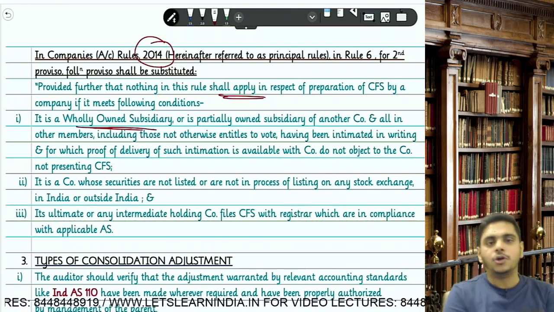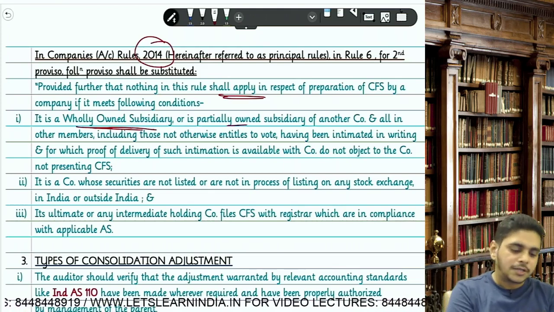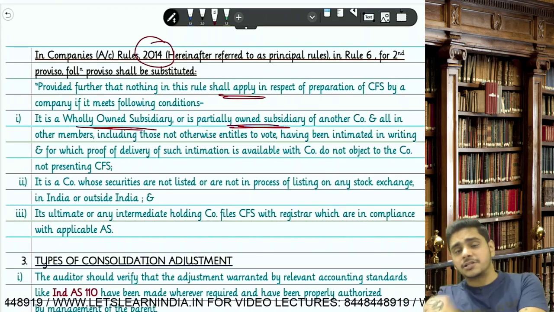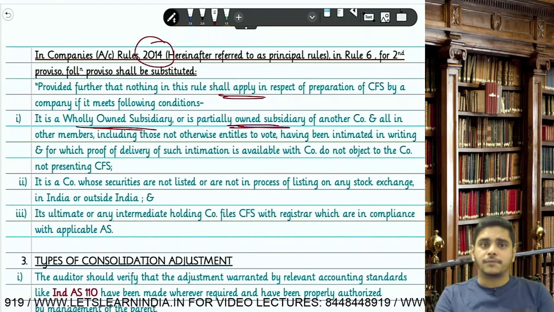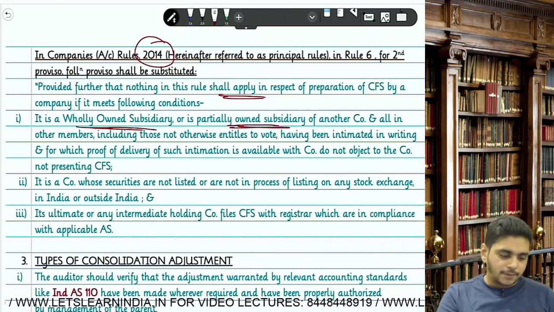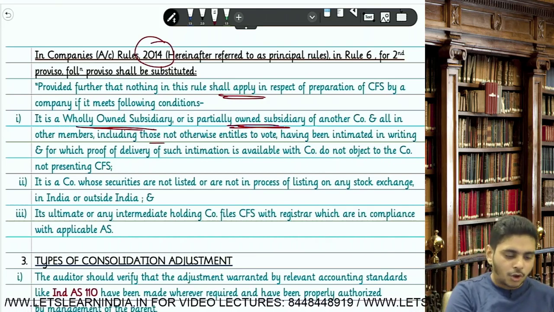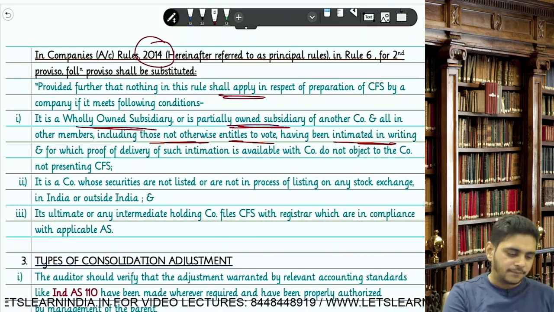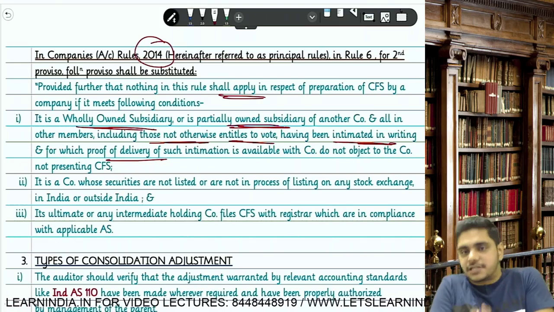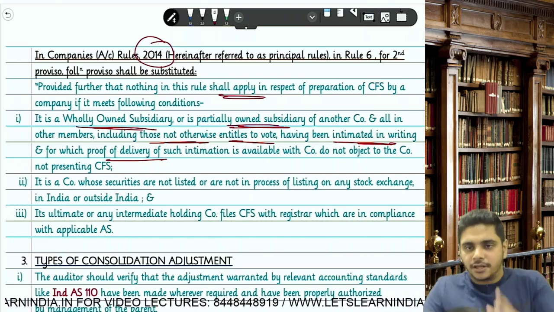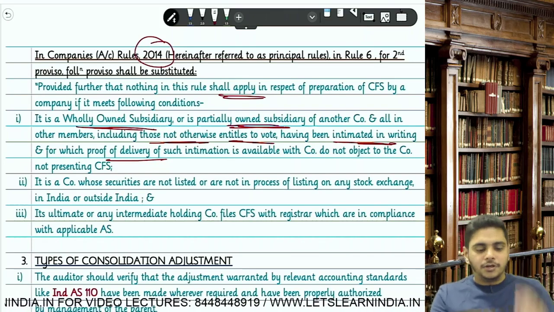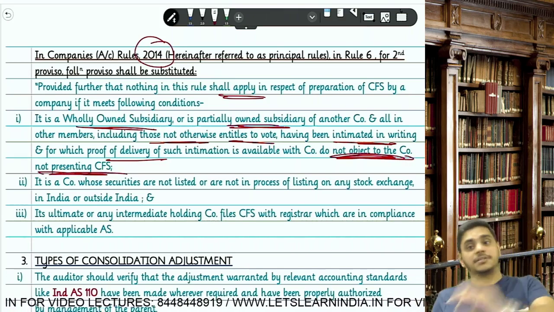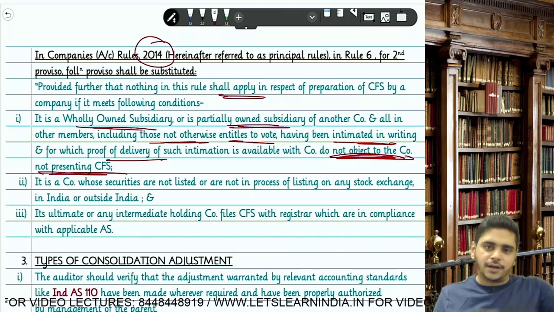If it is a wholly owned subsidiary, or is a partially owned subsidiary, if it is a wholly owned subsidiary means 100%, or a partially owned subsidiary, that means more than 50%, of another company, and all other members, including those not otherwise entitled to it, that means everybody, having been intimated in writing, and for which proof of delivery of intimation is available with the company, they have given intimation to everybody on this earth, that they do not object to the company not presenting CFS. That means they will take NOC from everybody.